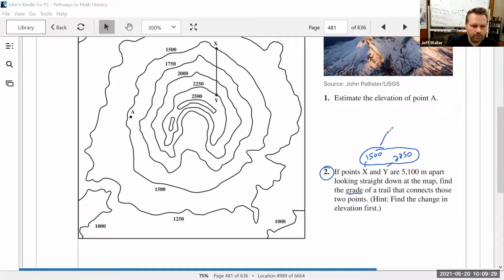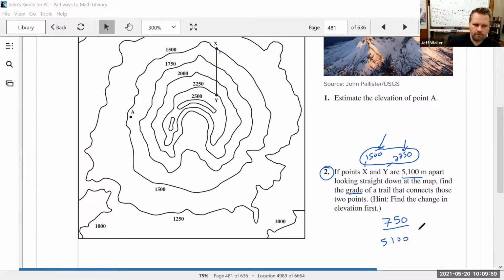We started at 1,500 and we got to 2,250. So how much did we go up? 750 meters. Good. And how much did we go over? 5,100 meters.